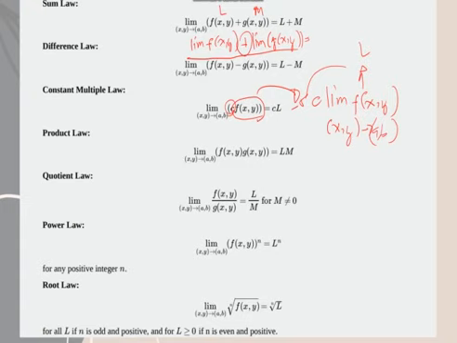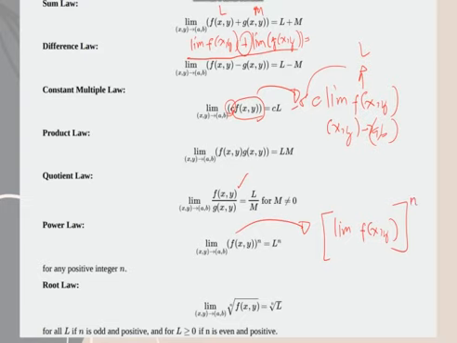We can also have the quotient law. What changes here is that it is a fraction, but it is still similar: the limit of the numerator divided by the limit of the denominator. Next, we have the power law. This is important. Here, class, you take the limit of f of x, y first before you apply the exponent.